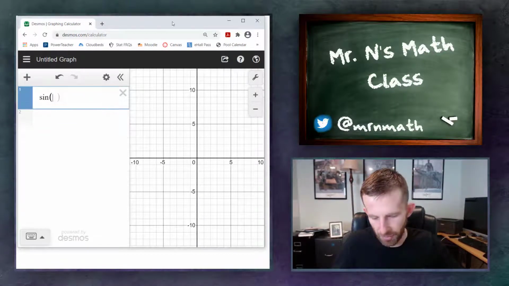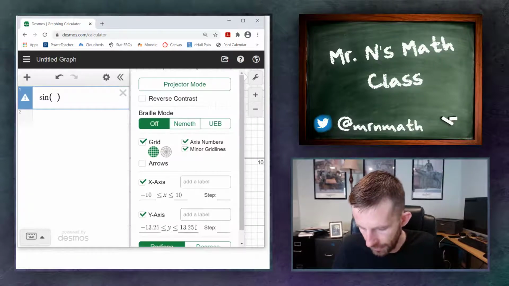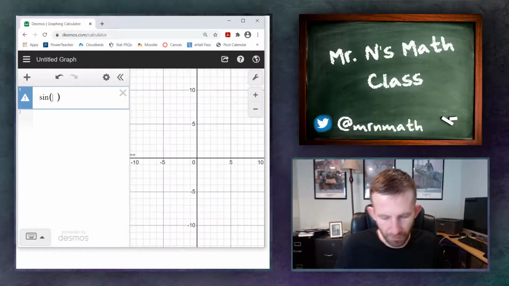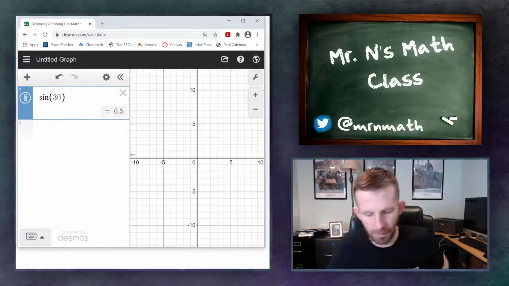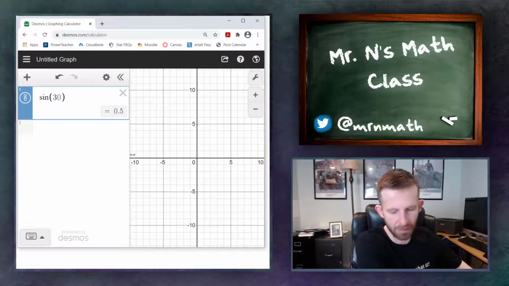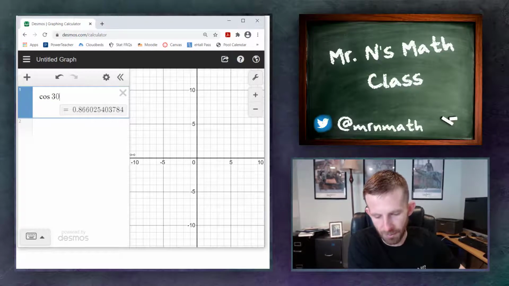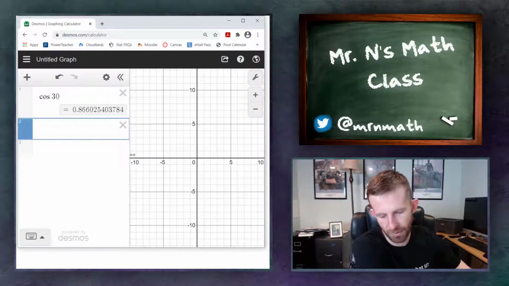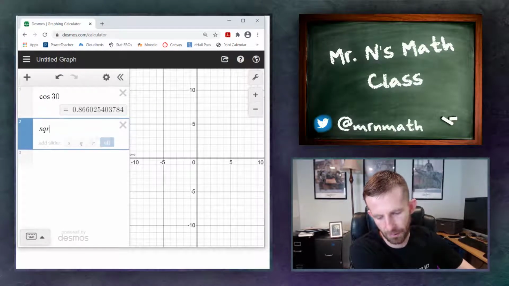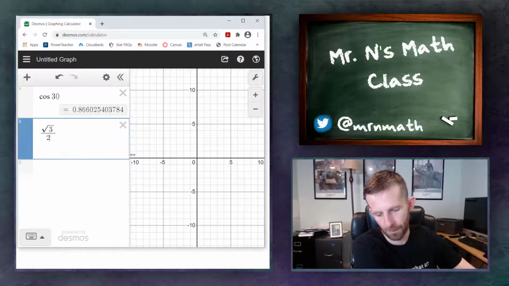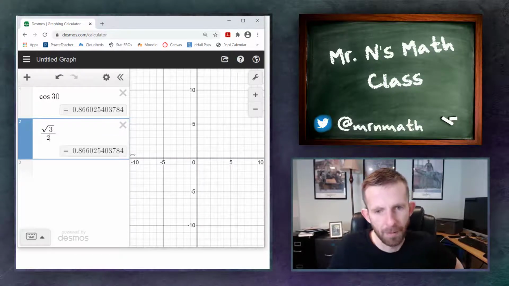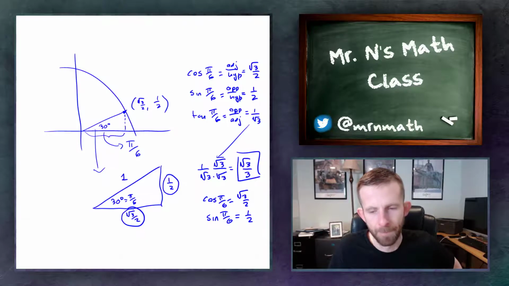If we switch to degrees and do sine of 30, we get 1/2. Cosine of 30 is 0.8660, which is the same as square root of 3 over 2. So those match up.